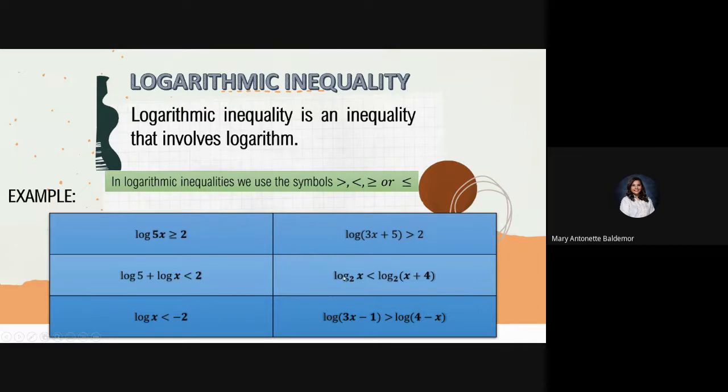The logarithm of x with base 2 is less than the logarithm of x plus 4 with base 2. And lastly, the logarithm of 3x minus 1 greater than the logarithm of 4 minus x. Take note that some of the examples have no base. That means that the base there is 10. Later on, we will be discussing the common and natural logarithm.